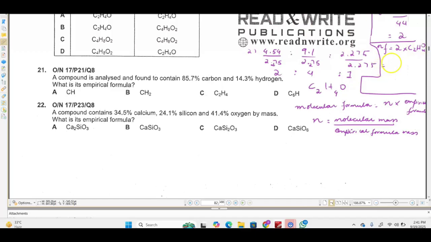So this is going to give us carbon 4, hydrogen 4 multiplied by 2 is 8, and oxygen, since it was 1 over here, 1 multiplied by 2 is 2. So this is the molecular formula, and this is our empirical formula.